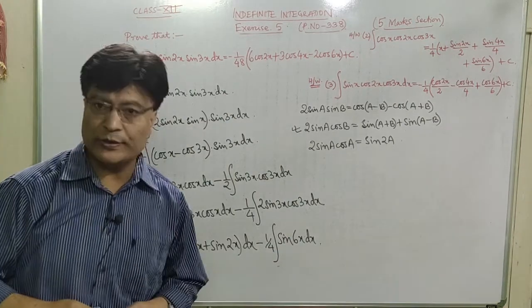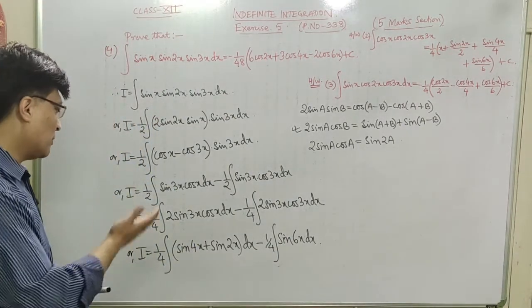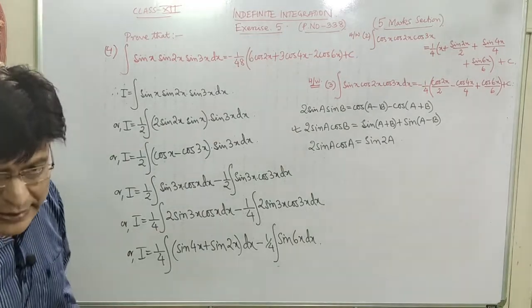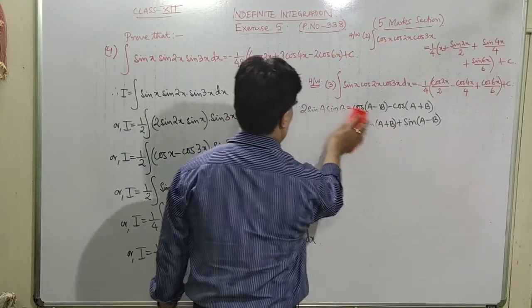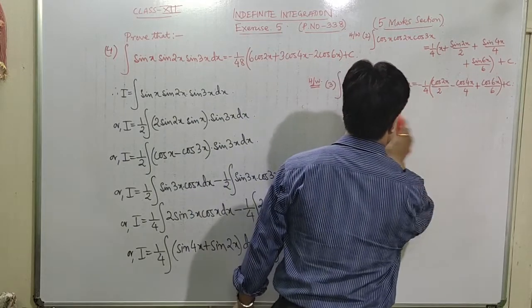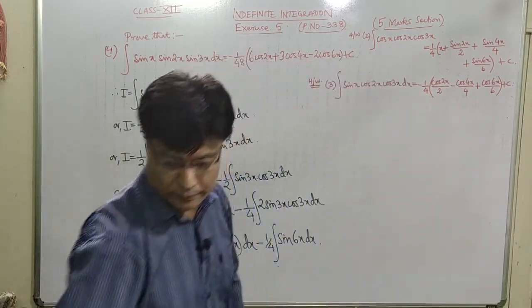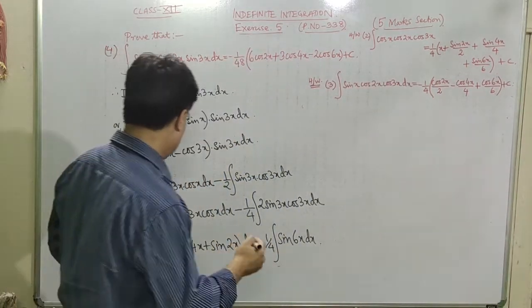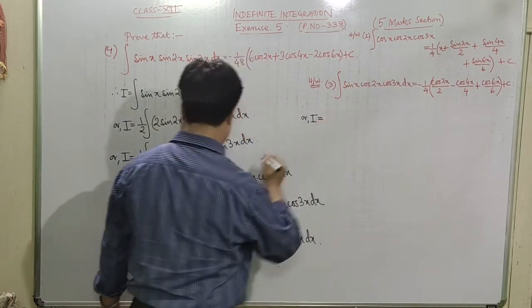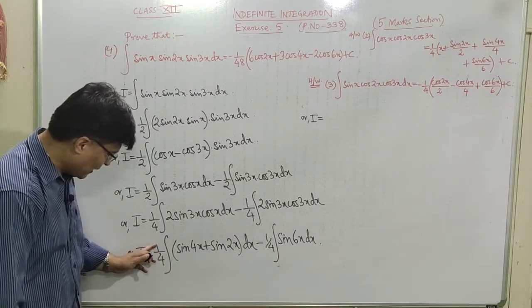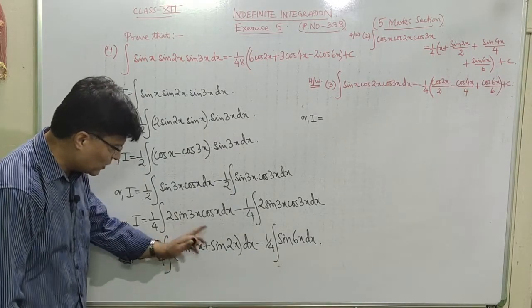So I think you have understood it. Okay, so now let us separate it and then you can integrate it. So now let us separate them, or I is equal to, now we can multiply it, 1/4 integration of sin 4x dx.